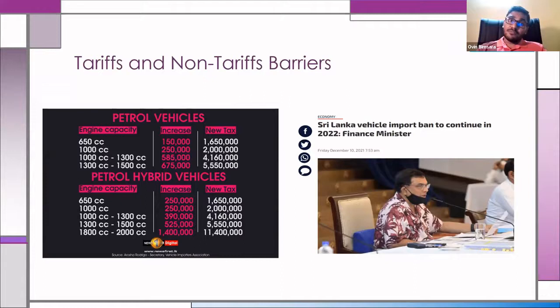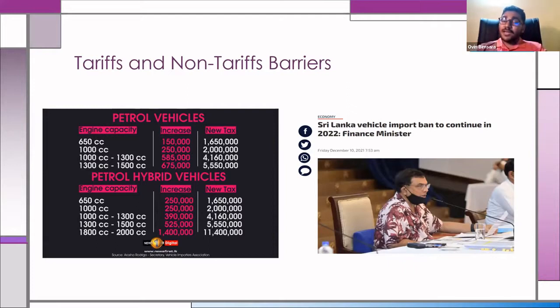One government objective can be to limit the number of vehicles being imported into the country. Another objective can be that this is imposed with the intention of making revenue, because custom duty is one way the government can earn revenue. So by putting taxes like this, we can witness a tariff barrier.